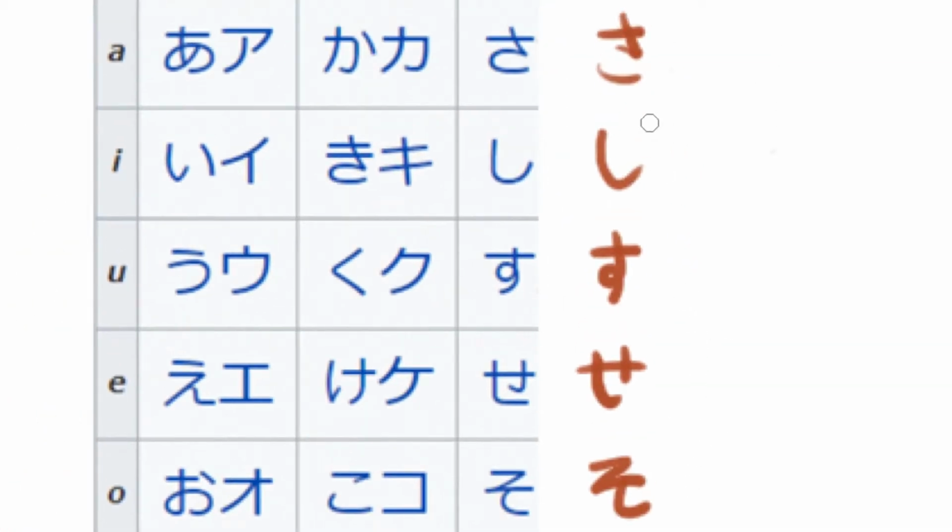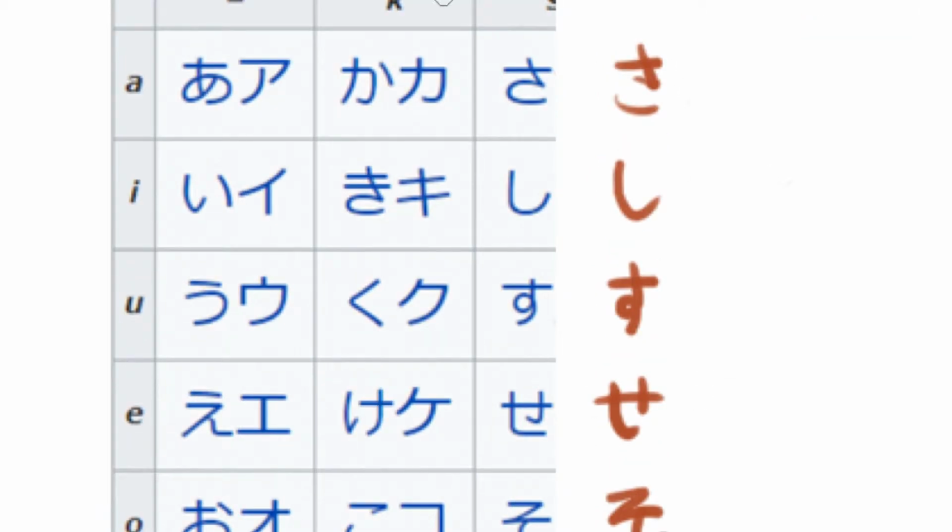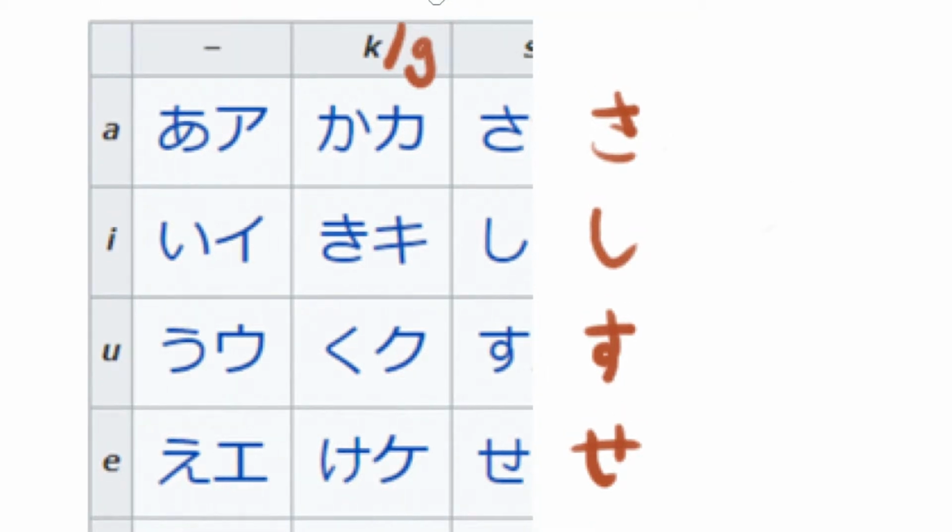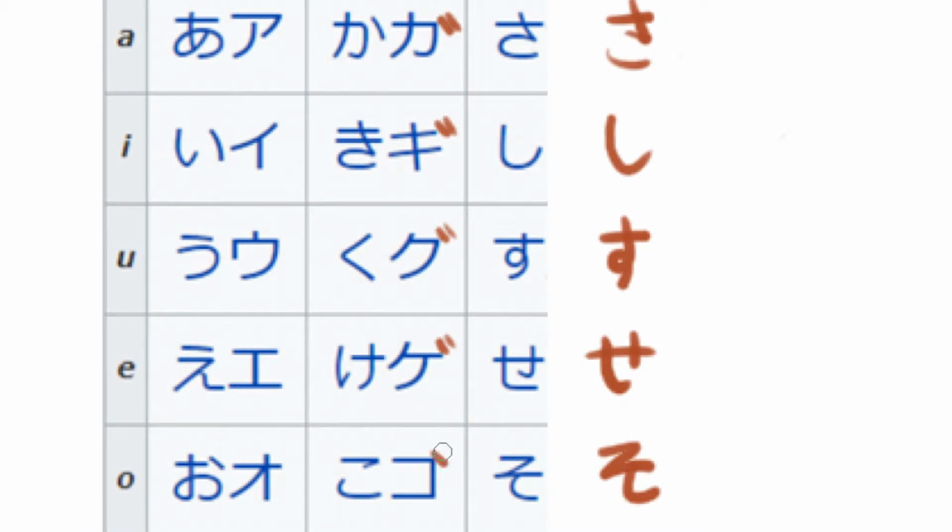All right, so we have sa, shi, su, se, so, and last week we talked about voiced versus unvoiced letters, and we explained how k can become a g if you add these two little marks in the upper right hand corner. So ka, if you add these marks here, becomes ga, gi, gu, ge, and go.